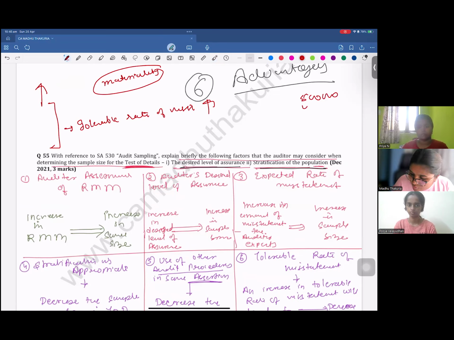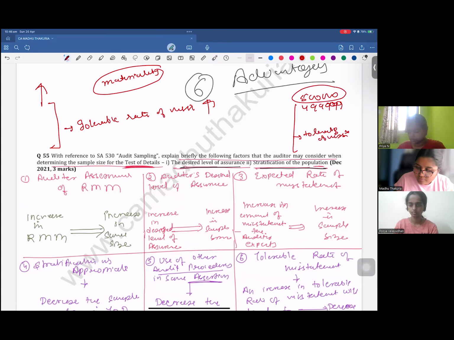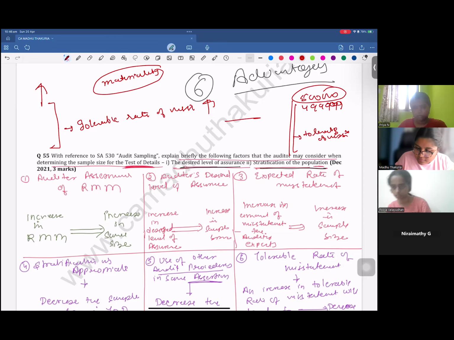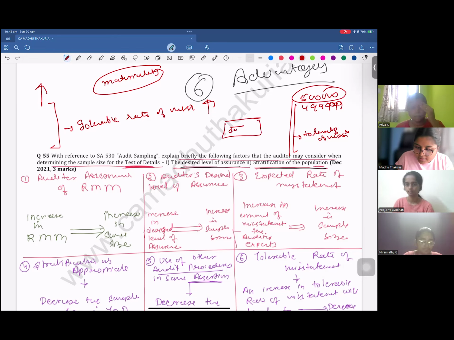That means up to 4 lakh 99,999 becomes your tolerable rate of misstatement. So if your tolerable rate of misstatement is high, then you will decrease your sample size. Had it been lower, you would have to increase your sample size.